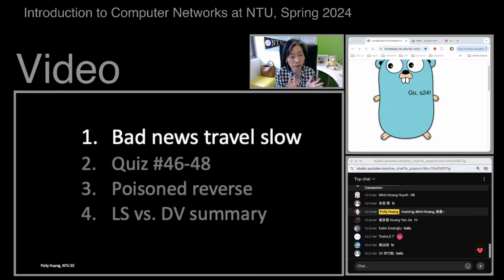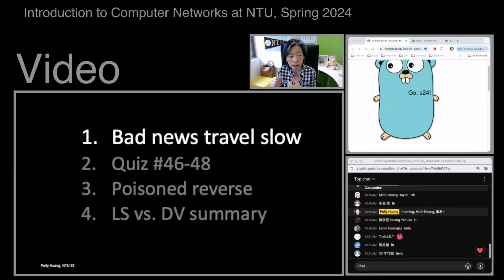So that will be the first hour. The second hour will be very straightforward, and much of it is going to be descriptive, because we'll introduce a real internet routing protocol for each of the routing principles. There are a few protocols that we run on the internet. Among them, there's one called OSPF that is based on the LS routing principle.